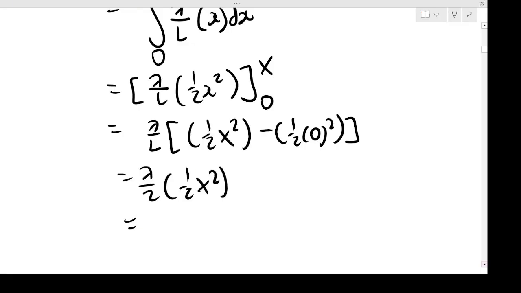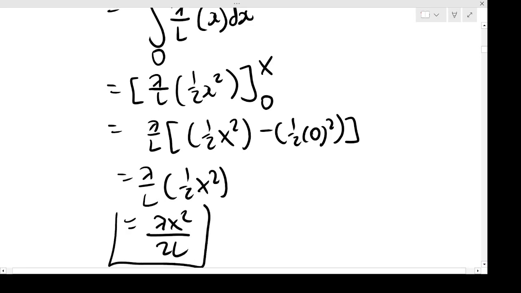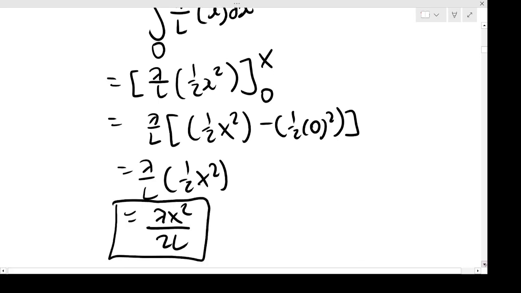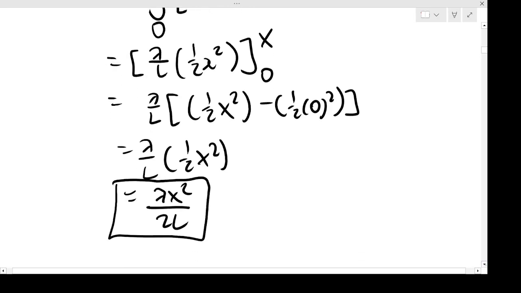If I rewrite this then, that's going to be lambda big X squared over 2L. That should be an L here, not a 2. So 2L. And there we are. That is my expression for the work done by the force in the string, so the tension.